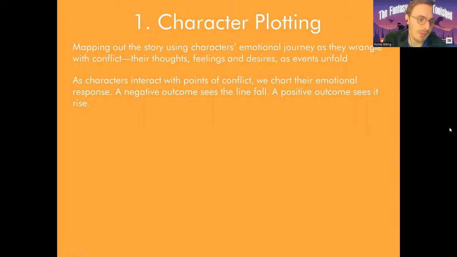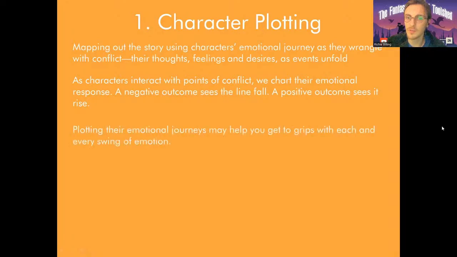So in Pariah's Lament, which is my novel, one of the protagonists, Izzy, has to travel a significant distance. So what I decided to do was introduce some extra conflicts to make that journey a bit more interesting. And I identified this as a problem area by using my method, character plotting, this visual thing.